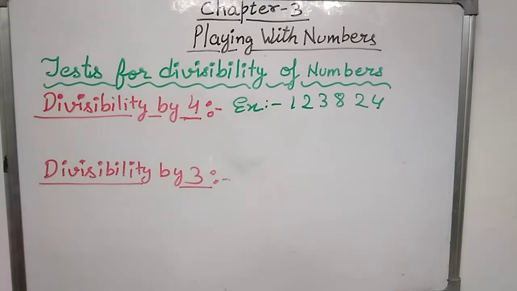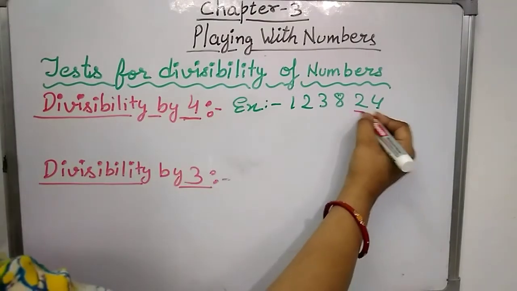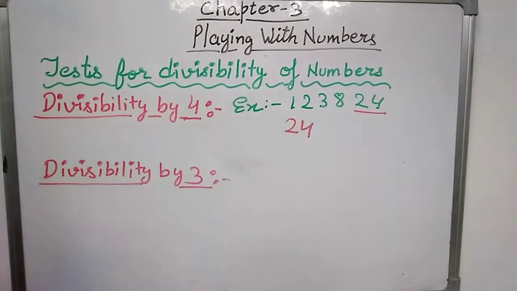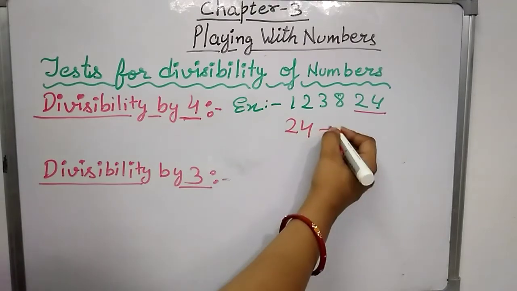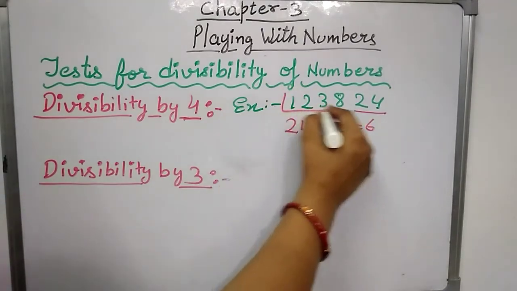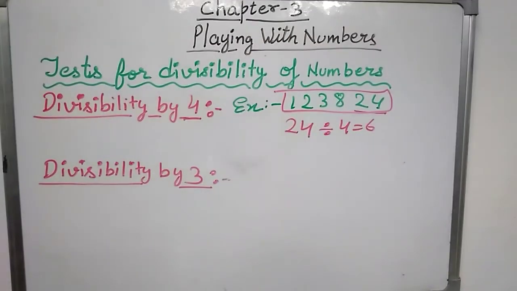The digits at the ones and tens place are 2 and 4. This makes number 24, and 24 is divisible by 4. Hence, this complete number is also divisible by 4.